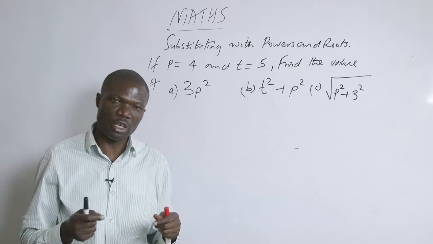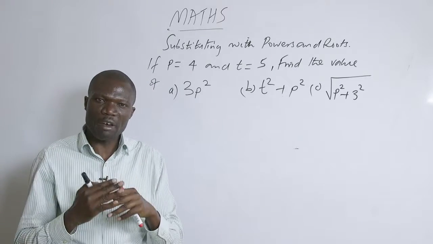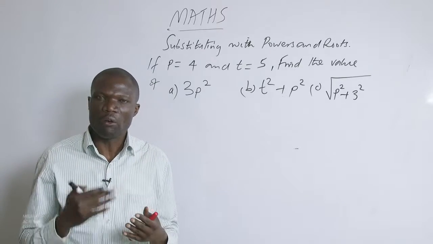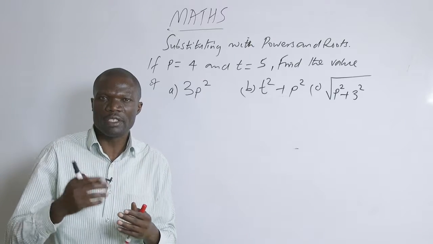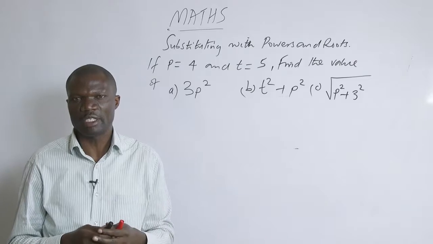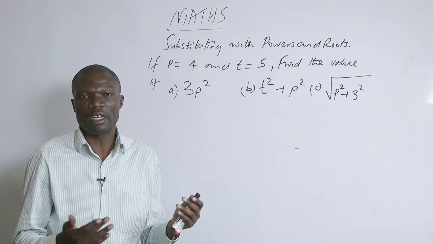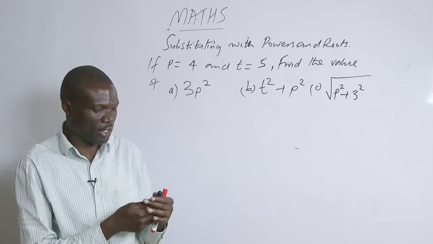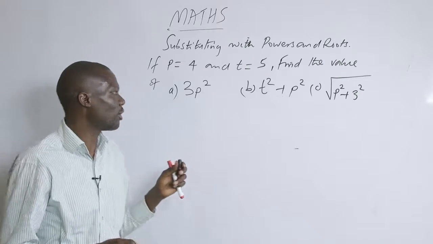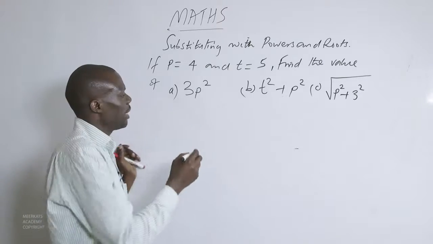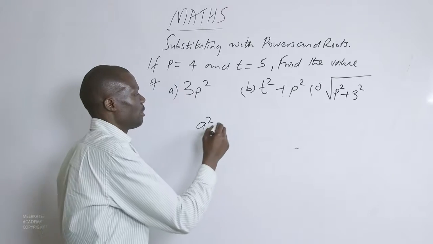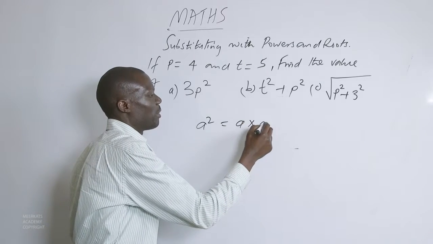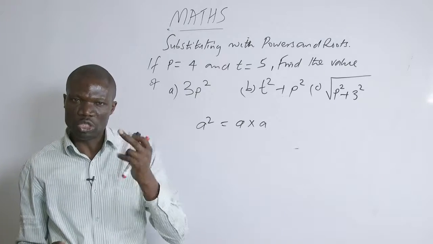And before we move on, we need to first understand: when we have a number or a letter or a pronumeral raised to a certain number, what does it mean? So let us first understand that before we resolve this. As we saw earlier on, when we write a number like A raised to power 2, it is the same as simply multiplying that number by itself 2 times.